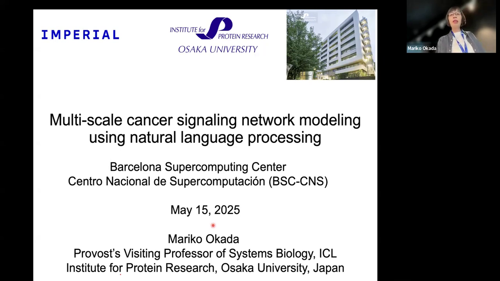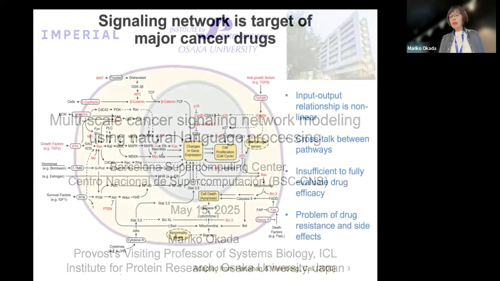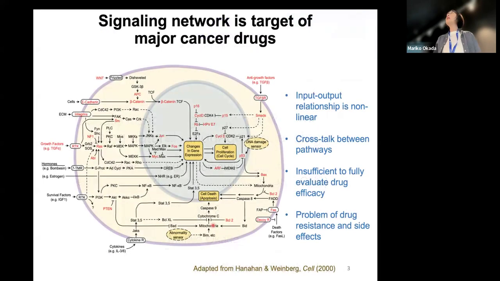So I will talk about the cancer signaling network and our recent approaches to use natural language processing to develop mathematical models. This is the cancer network we are dealing with. It's a very old paper, but it explains well how the signal network affects cancer growth or cell death. About 15 signal networks operate to define cancer cell growth.